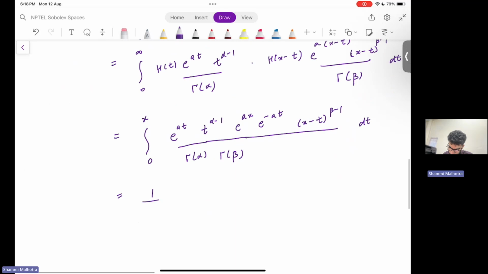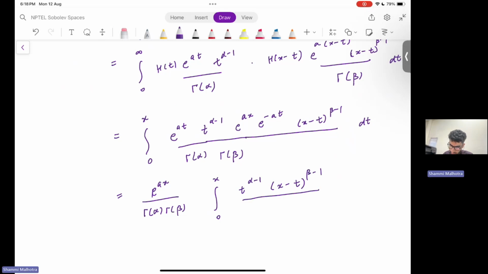So it's like 1 upon gamma alpha gamma beta. And moreover, we have this e^(ax) to be constant, integral from 0 to x of t^(alpha minus 1) (x minus t)^(beta minus 1). So that's all we have.